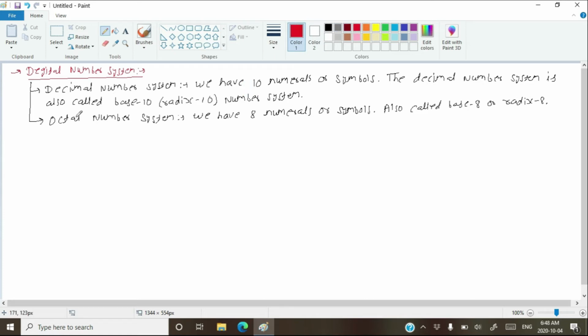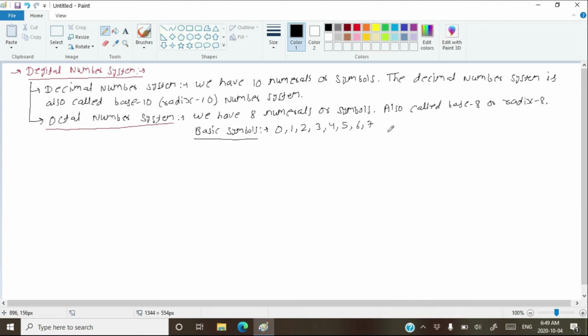Now let's do counting in the octal number system. How do you count in the octal number system? Before that, you must find the basic symbols of the octal number system. The basic symbols are 0, 1, 2, 3, 4, 5, 6 and 7.